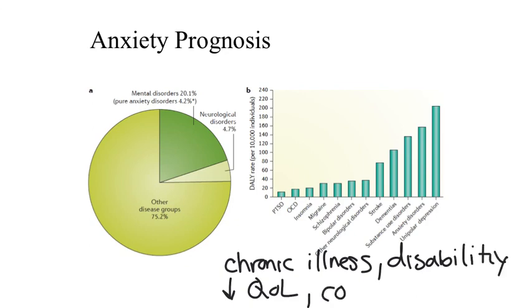As shown in this figure, psychiatric disorders make up about 20% of disability adjusted life years lost due to disease, with the other 75% being due to somatic disease states. Of the psychiatric diseases that contribute to loss of productive life years, anxiety disorders make up the second highest, right behind unipolar depression or major depressive disorder.